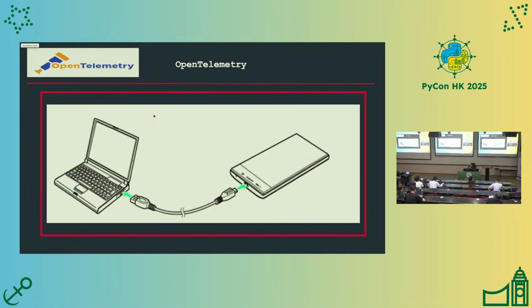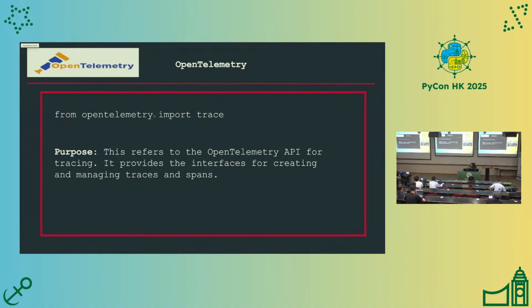In a real-world example, a USB port is an interface. Your mobile phones have different operating systems and hardware. Your computers have different operating systems and hardware. But they are still able to communicate with each other using USB. So it is an interface. Coming to our previous definition, it provides interfaces for creating and managing traces and spans.